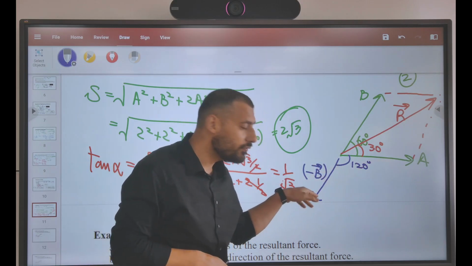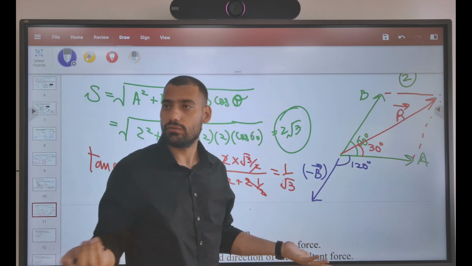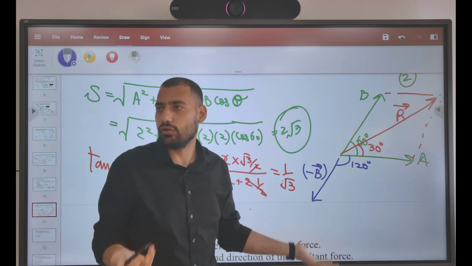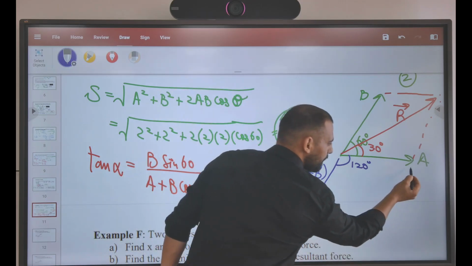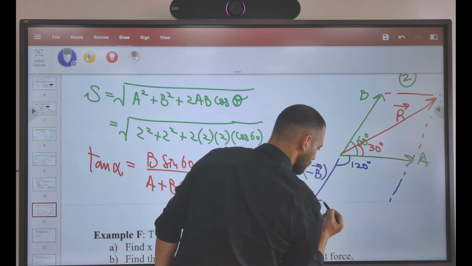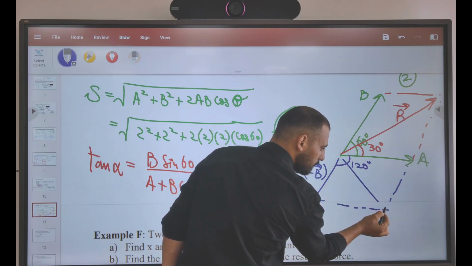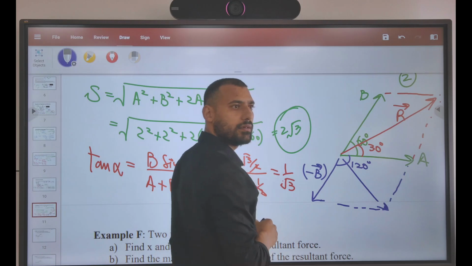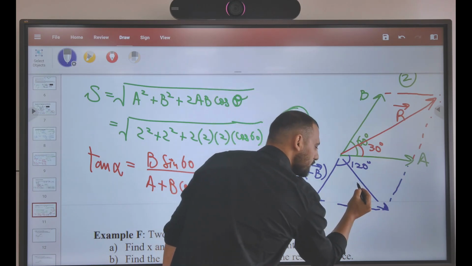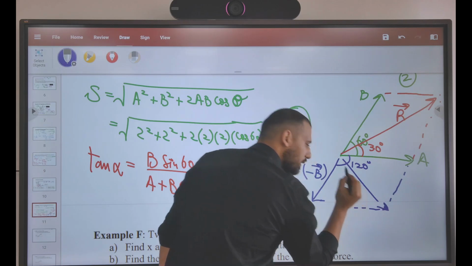So their sum will again be in between the two because you again have to form a parallelogram. So when you try to form the parallelogram here, don't you think this is the resultant? Yes. But this will be their difference. Is that clear?